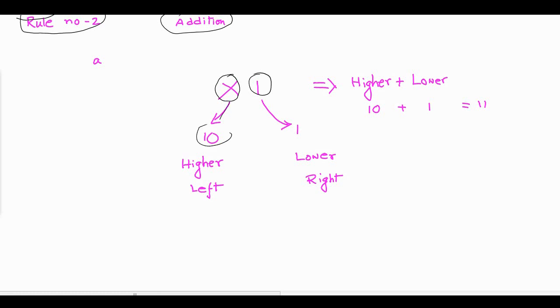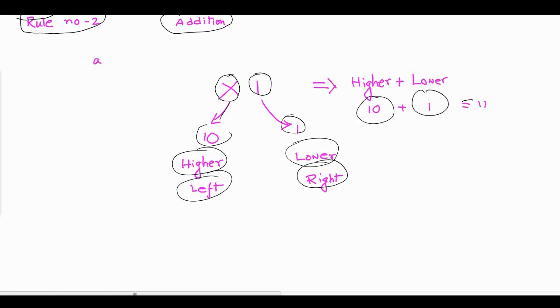This one is 10, this one is 1. This one is higher, this one is lower. This one is left, this one is right. So in addition, if you want to write more than 10, you write the higher number plus the lower number. That means 10 plus 1, that means 11.